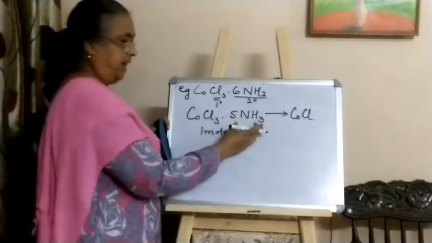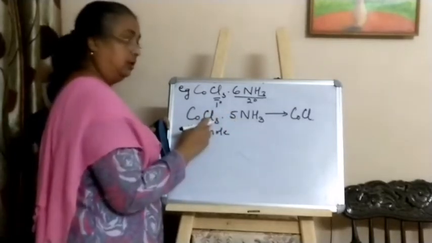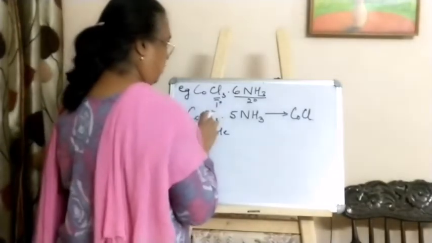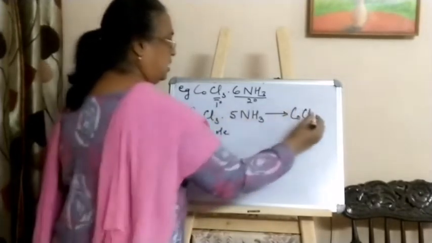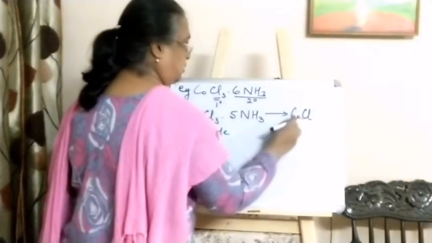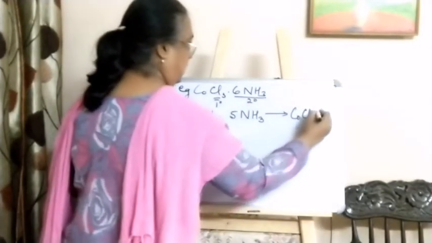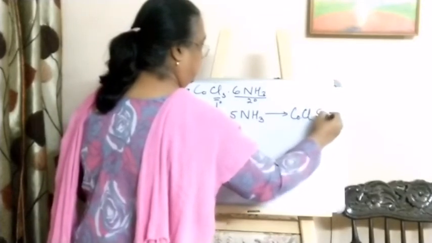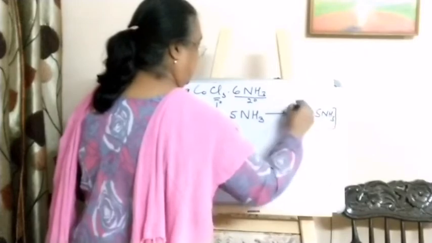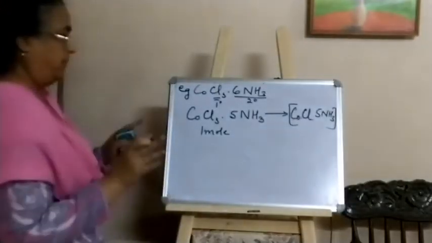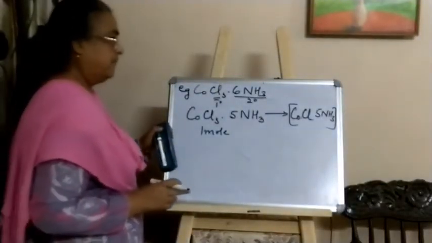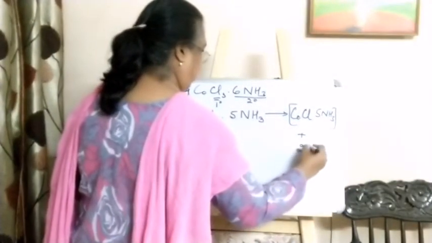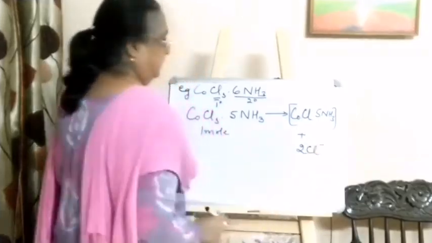So there will be 5 ammonia ligands and 1 chloride ligand. So how many chlorides are left over here? Only 1. This has gone to this. So 1 will remain attached to this cobalt as ligand with 5 molecules of ammonia in your complex entity, through the coordinate bond, and there will be two chloride ions separated.